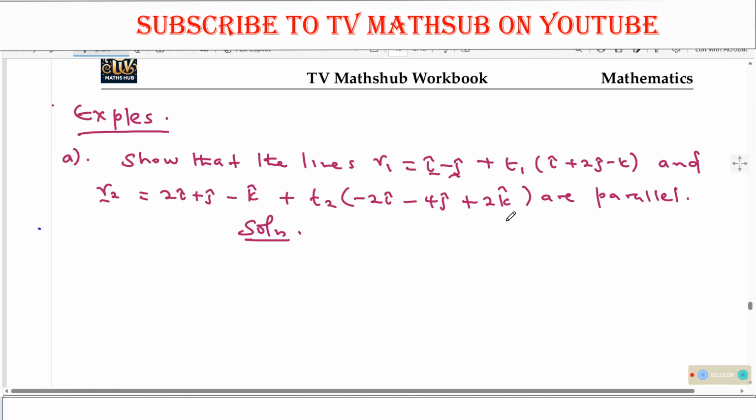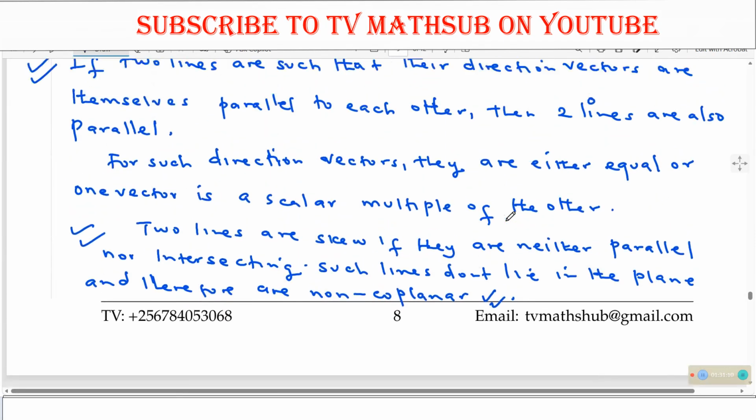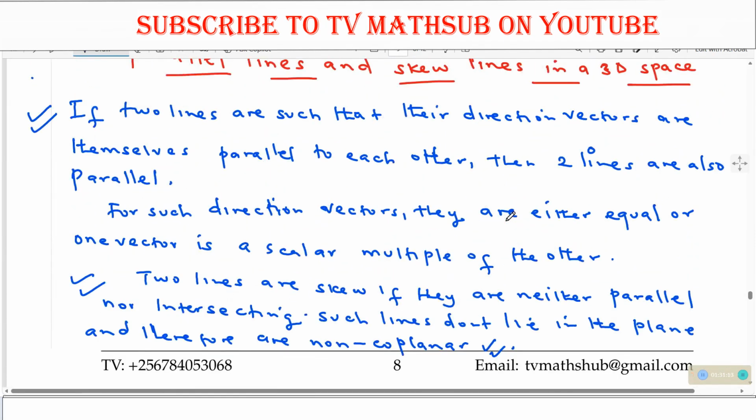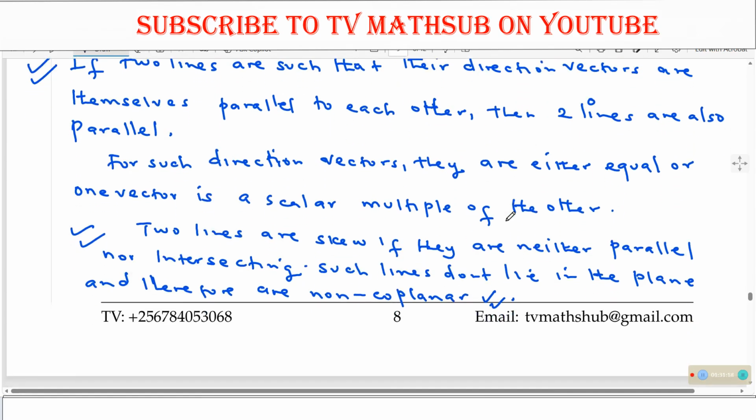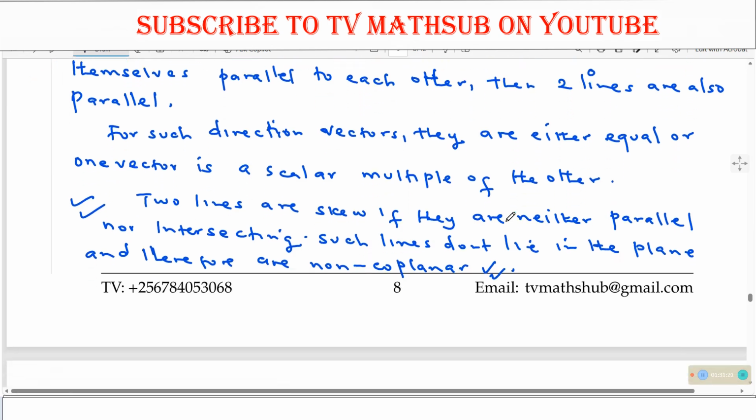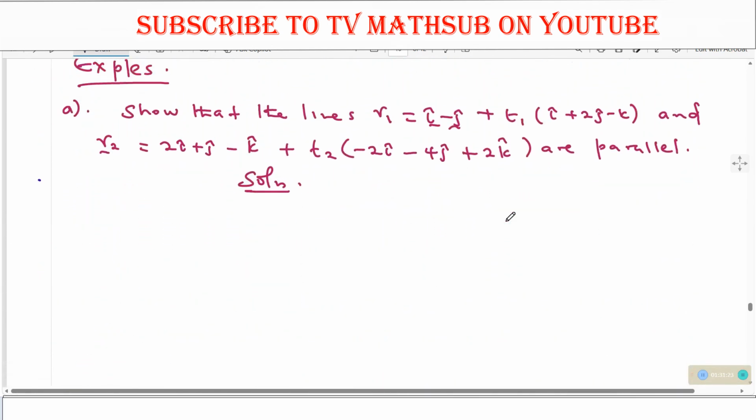From this same statement, what does it say? If two lines are such that their direction vectors are themselves parallel to each other, then the two lines are also parallel. So when they tell you to show that these lines are parallel, what exactly are you supposed to do? Extract the direction vectors, and see if they are parallel. If they are parallel, then you conclude that the lines are parallel.